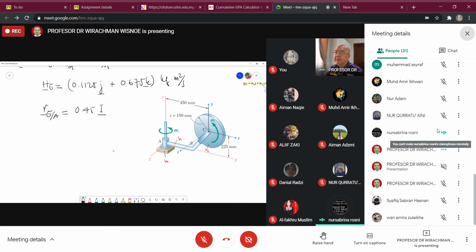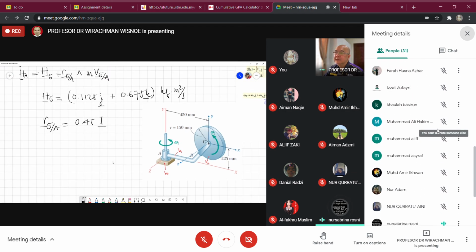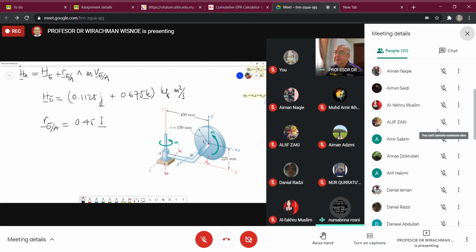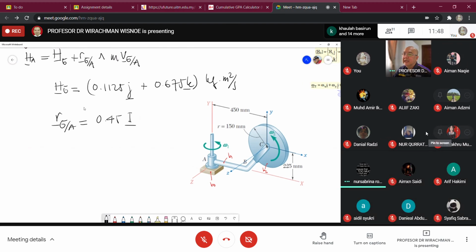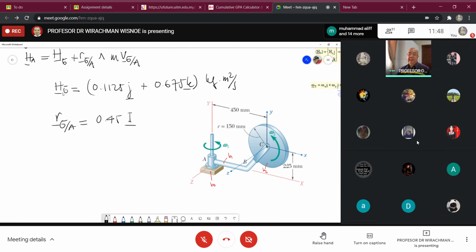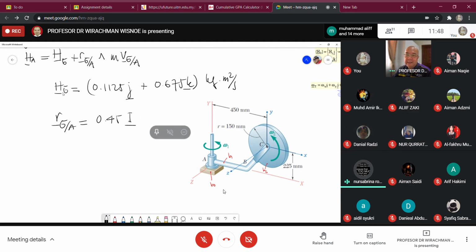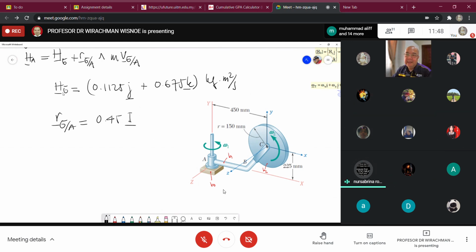So basically, is the HG located at the rotating body only, or? Just now I was quite confused whether we need to consider G at the rotating body or at the slider or something. Okay, fixed body. No, it doesn't matter.